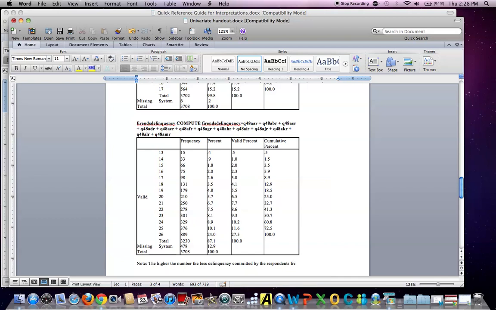So in other words, 26 represents no delinquent acts, and 13 represents 13 delinquent acts committed by a friend.